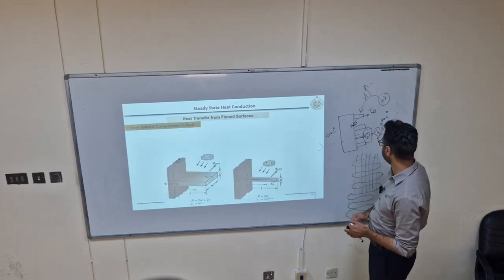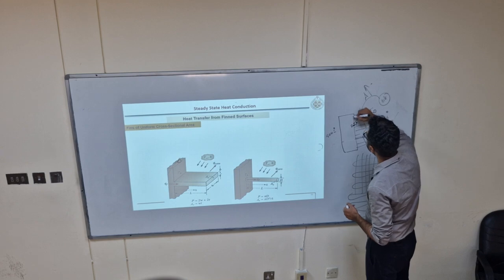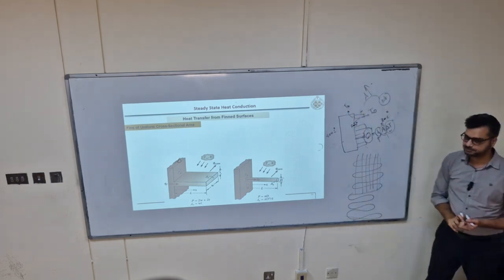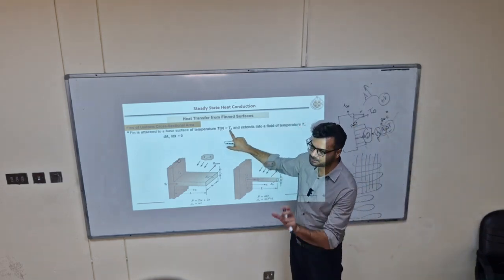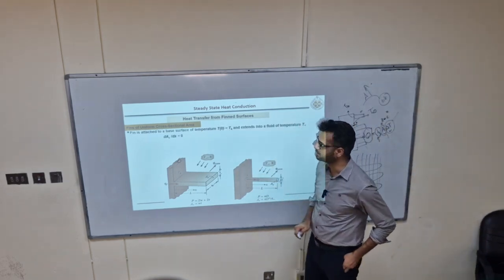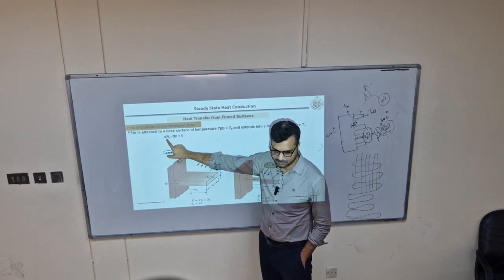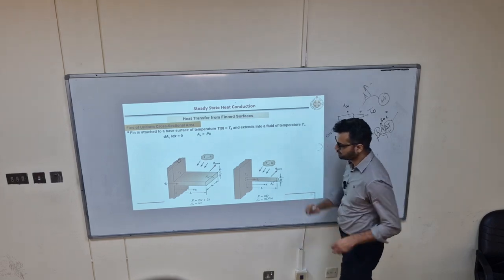Also, what is the temperature at the base where the fin is starting? We can say this is known, fixed: T at x equal to 0 is some constant value, TB. And we are saying that the cross-sectional area variation in the x direction is 0. Secondly, what about the surface area?